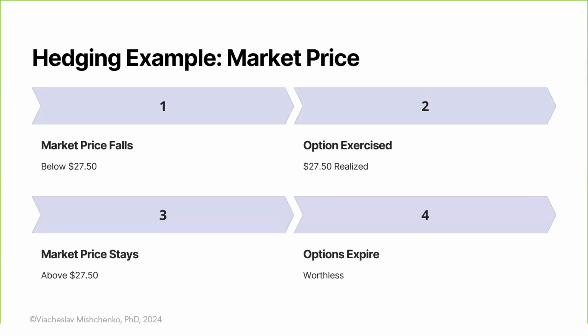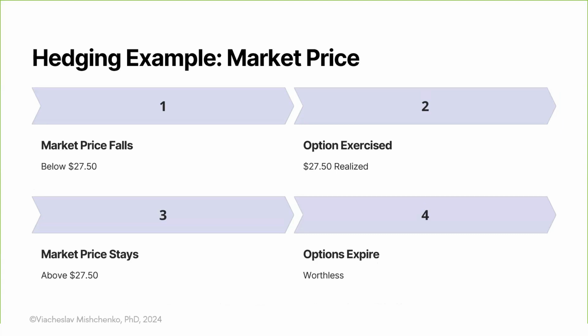Therefore, based on the previous example, let's analyze the outcomes of our Microsoft share hedging strategy. If the stock price falls below 27.5, then the investor can exercise the puts, effectively selling at 27.5.